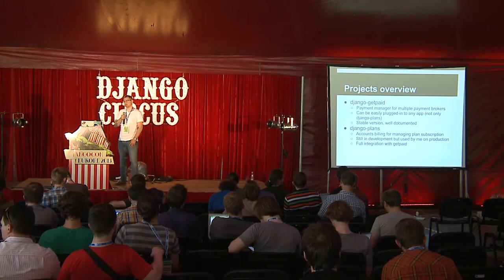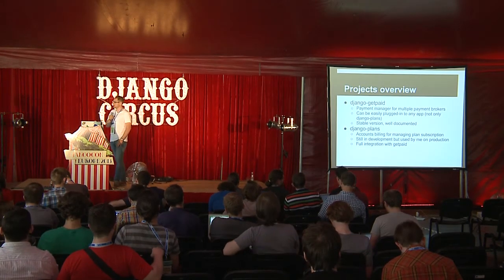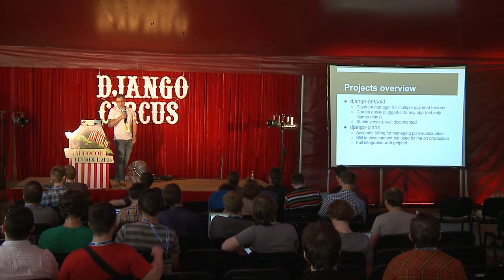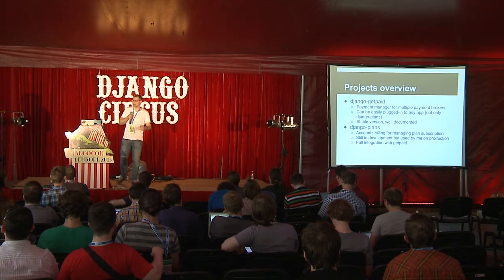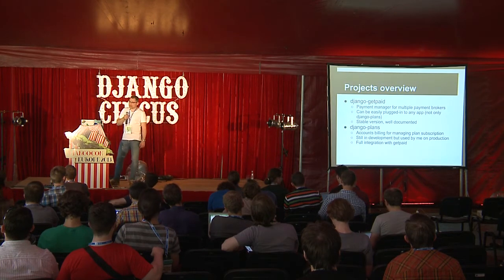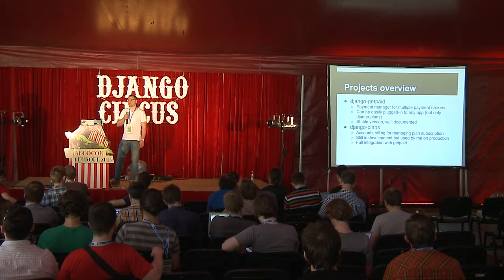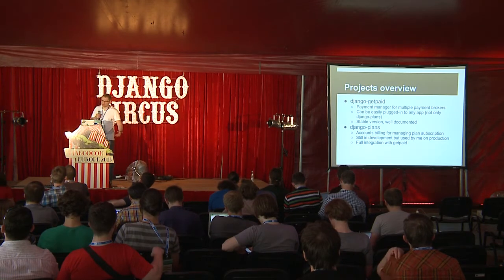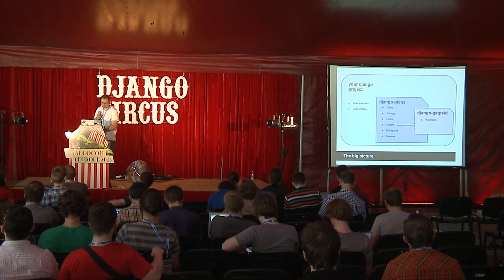It's well documented, and it's just ready to use if you need it. And the second one is Django-plans, which I've also open sourced. I've used it myself. It's fully integrated with getpaid if needed, but it's still in development right now. So I'm just looking for maybe some participation if you need those kinds of apps.